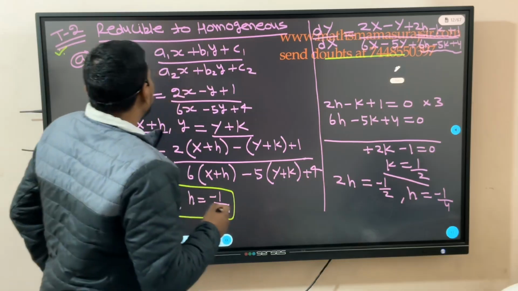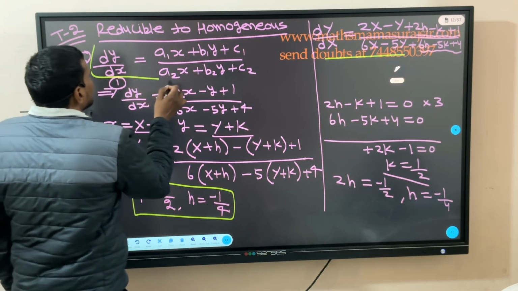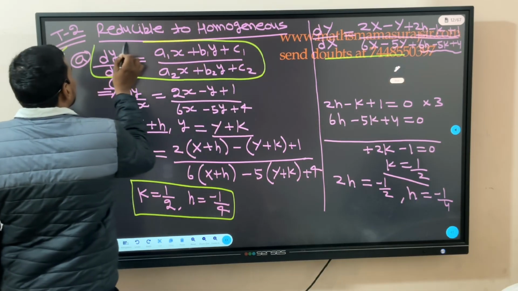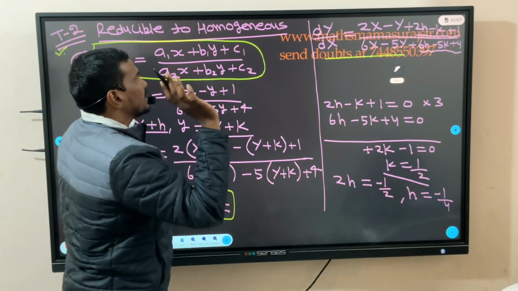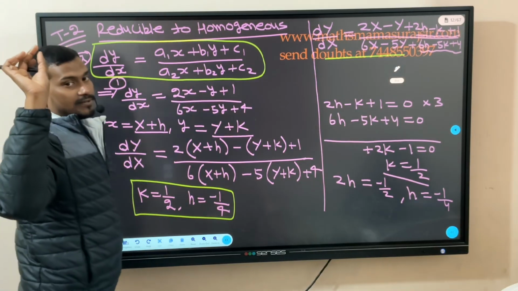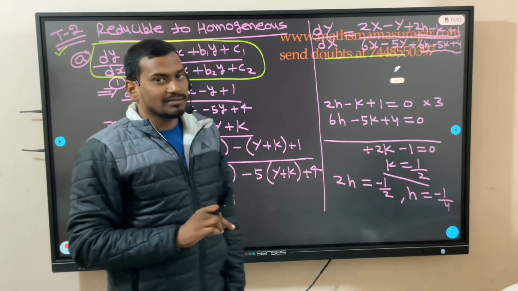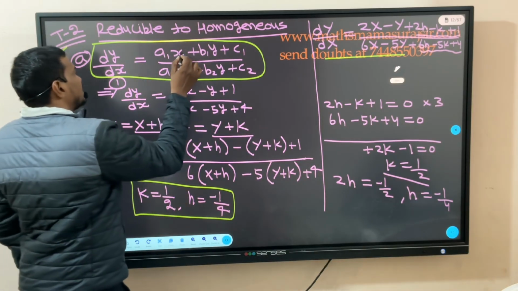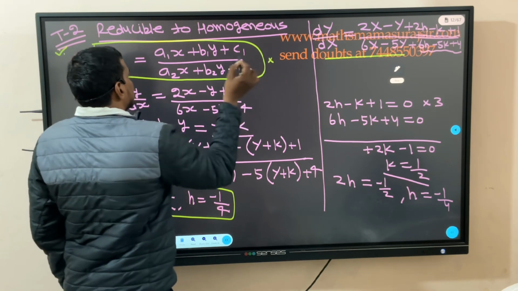See, dy by dx is equal to a1x plus b1y plus c1 divided by a2x plus b2y plus c2. If this is the case, we know very well, it's not homogeneous. Degree 1, degree 1, degree 0. So not homogeneous, right?